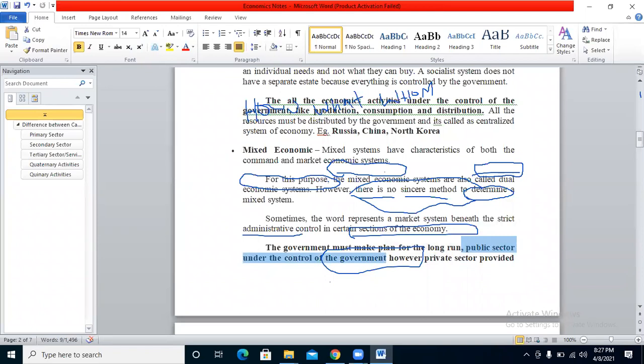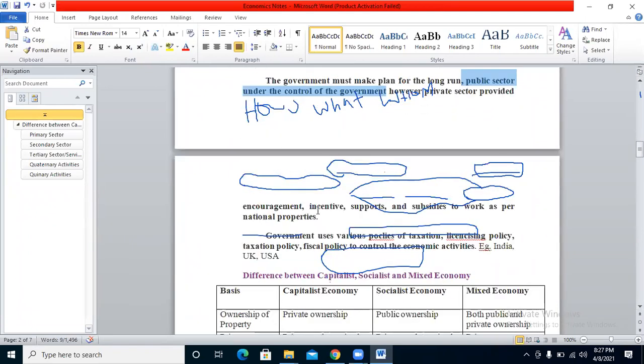However, the private sector is provided incentives, support, and subsidies to work as per national priorities. So what the government is doing in the mixed economy is making policies of taxation and licensing policy, meaning which products are assigned to the private sector and which can be produced by the public sector, plus taxation and fiscal policies to control all economic activity.